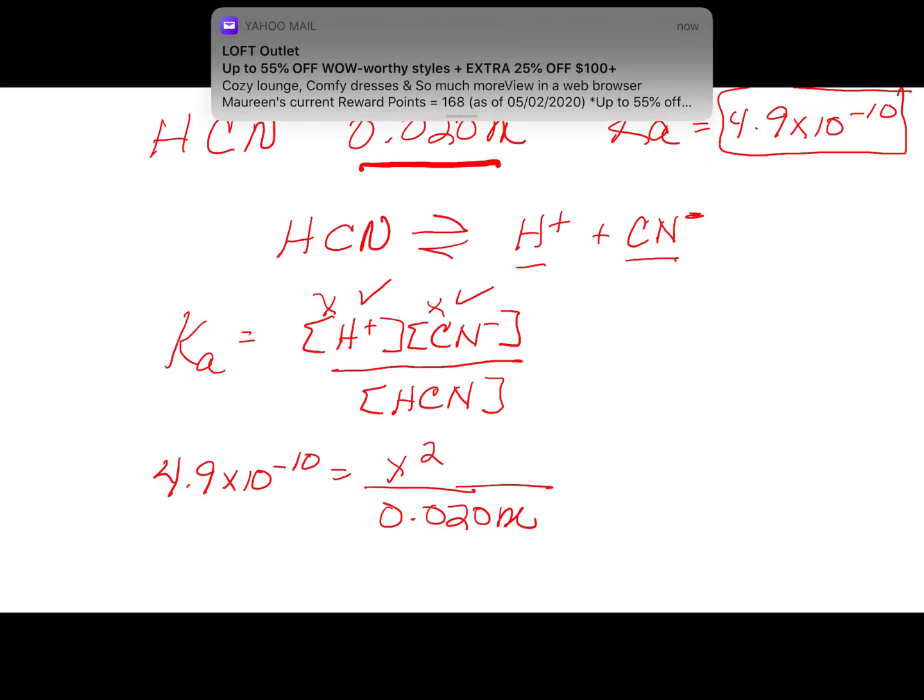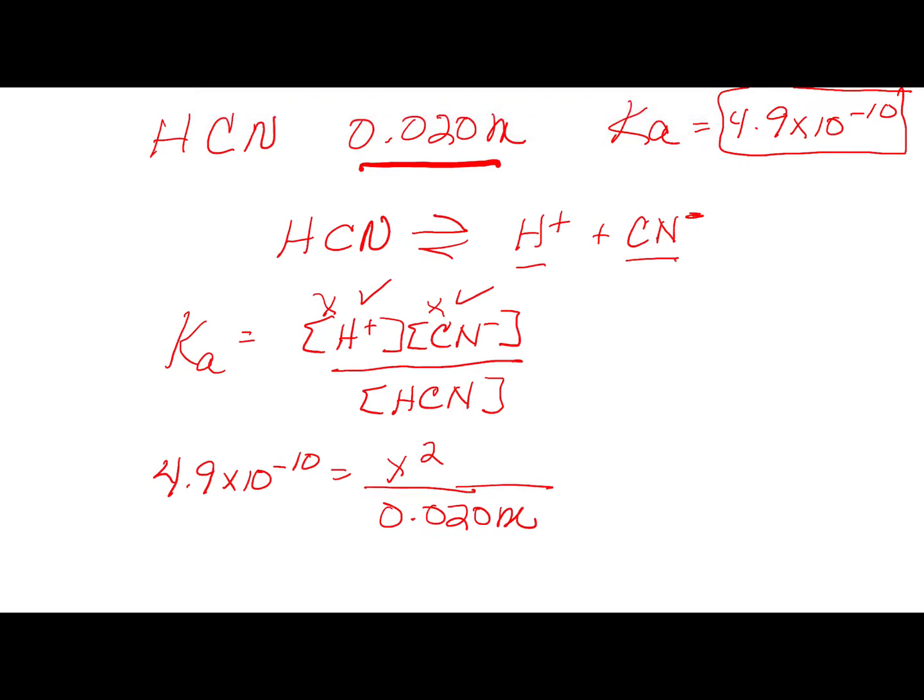So let me find my second square root, 9.8, second E minus 12. And I get that X is equal to 3.13 times 10 to the minus 6. And X is equal to the hydrogen ion concentration.